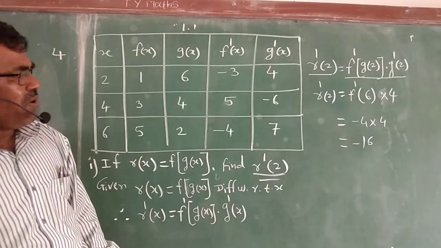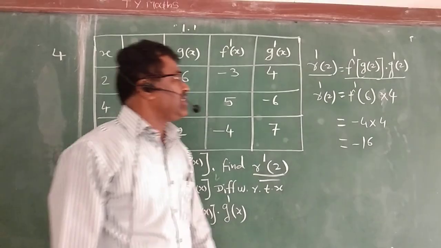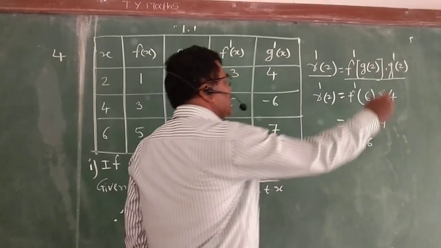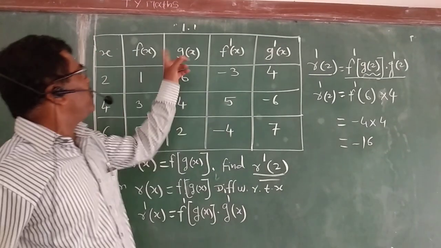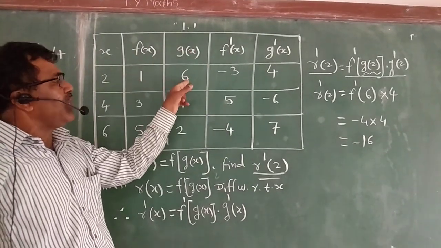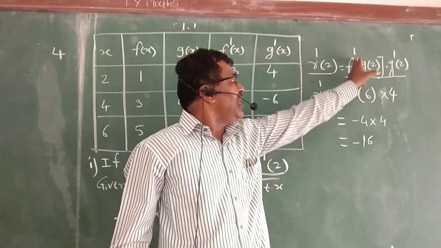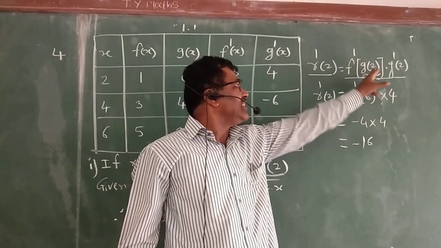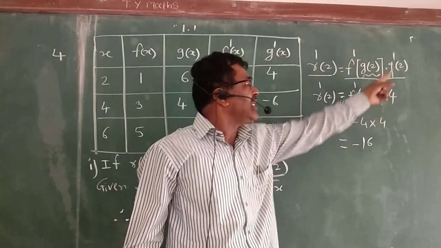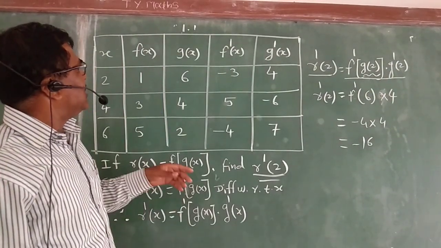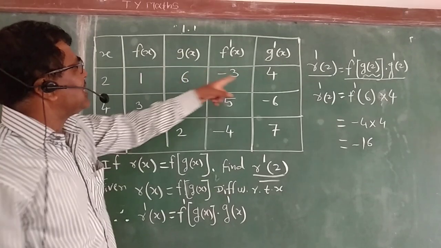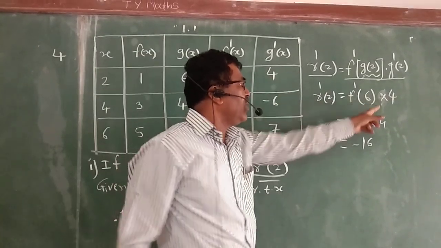Now see over here, note this step, that is g of 2 equal to 6. f dash as it is, g of 2 equal to 6, and g dash of 2 from table, g dash of 2 is equal to 4.